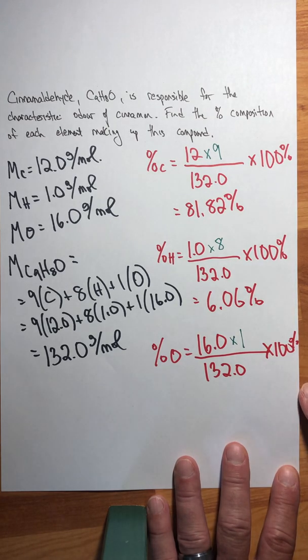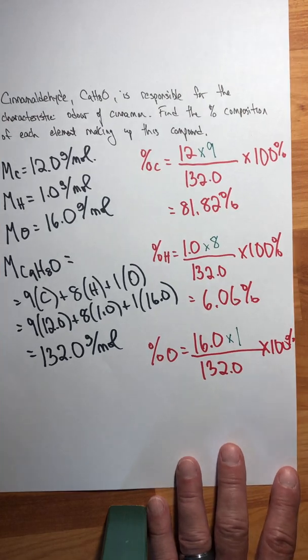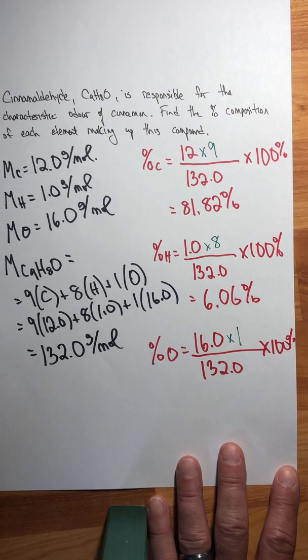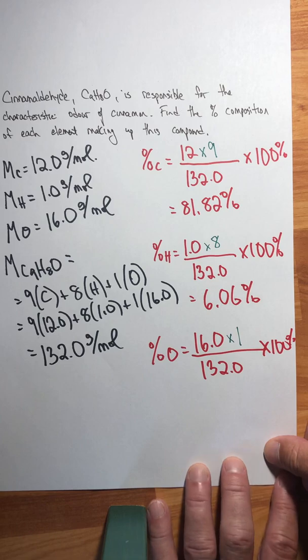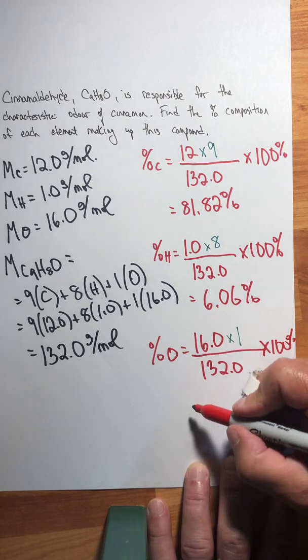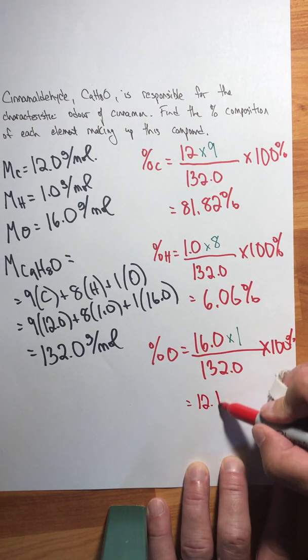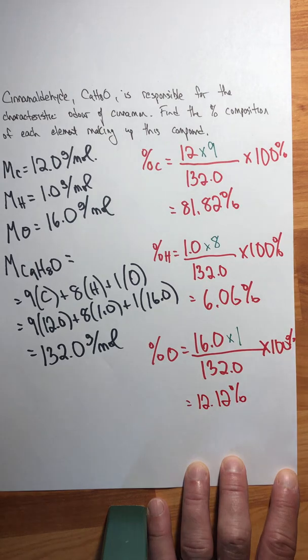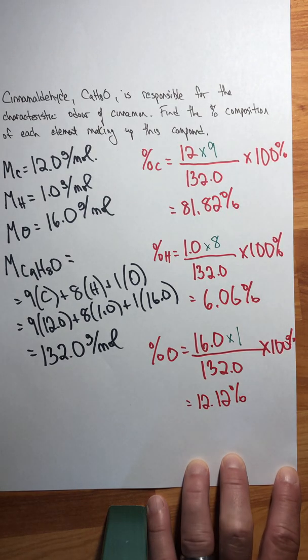Particularly if I'm looking at this example in studying for a test and studying for the exam, or even doing the homework questions that you're going to have to do. So when I do this and I multiply them together, I get 12.12%.